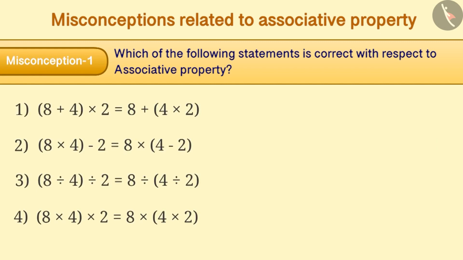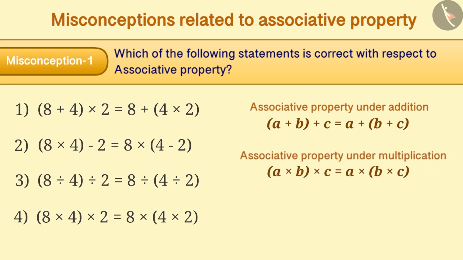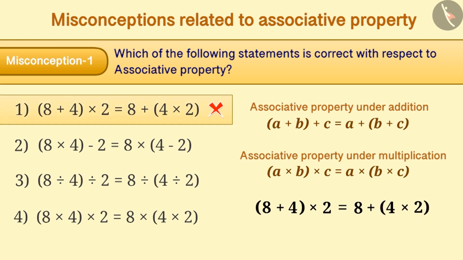We already know that whole numbers are associative under addition and multiplication. Due to difficulty in understanding, associative property is used in an incorrect way, and (8 + 4) × 2 is assumed to be equal to 8 + (4 × 2). With this understanding, option 1 is chosen as the answer, which is incorrect.